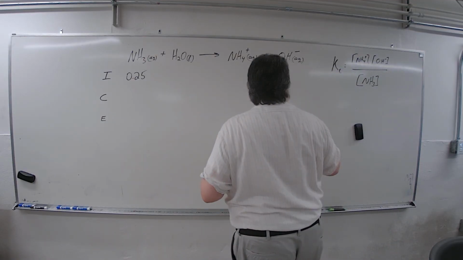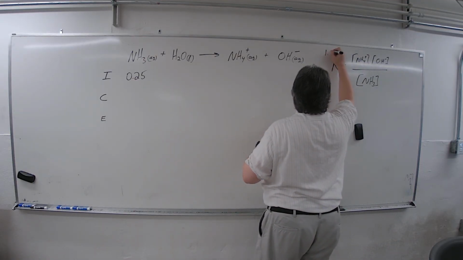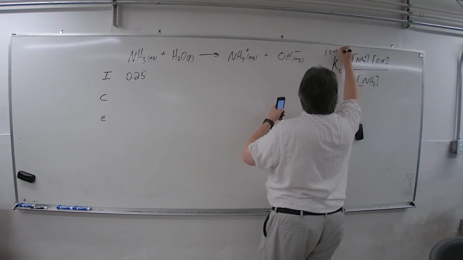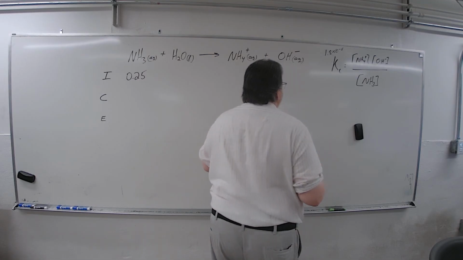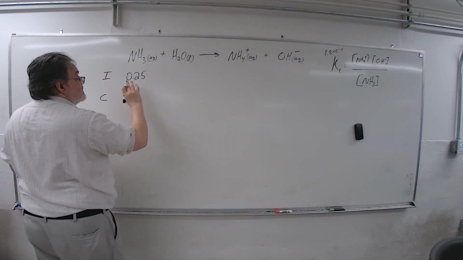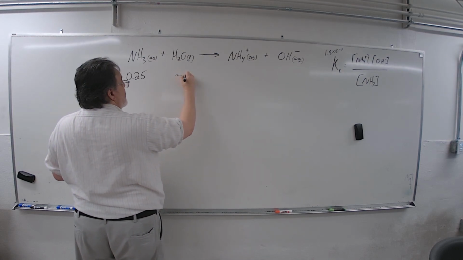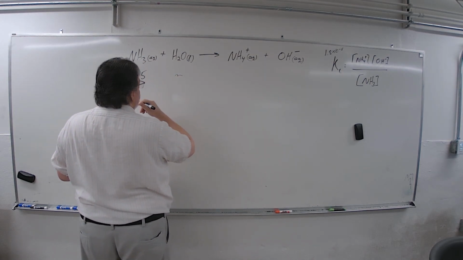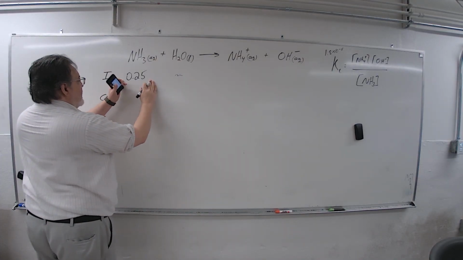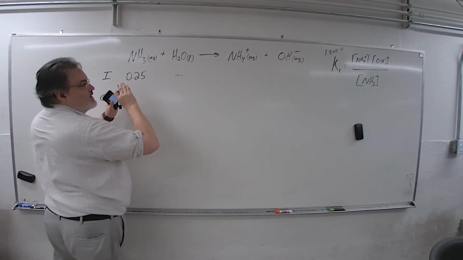So there's K. So you're given K equals 1.8 times 10 to the negative 5. So there's that. If we start with this, I'm going to ignore this because it doesn't show up in anything. But if you start with that many moles of this, and then things change, the only way they're going to change is to go that way.